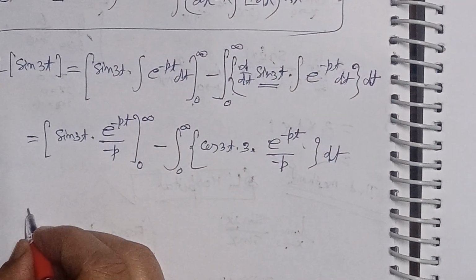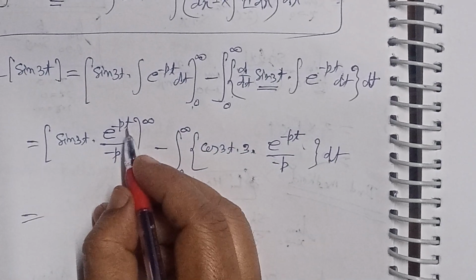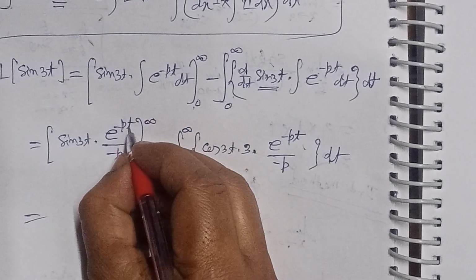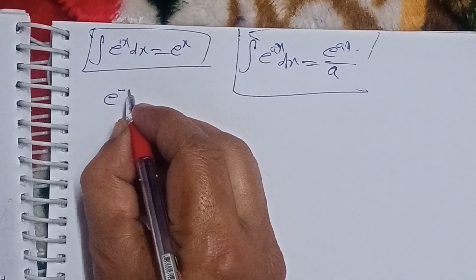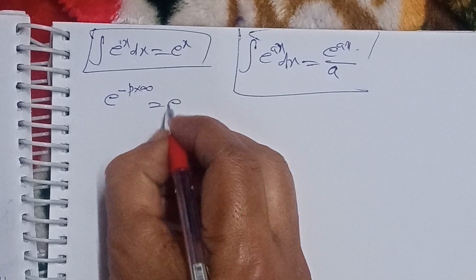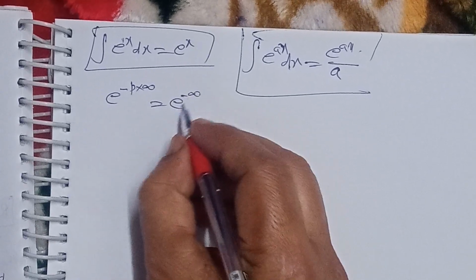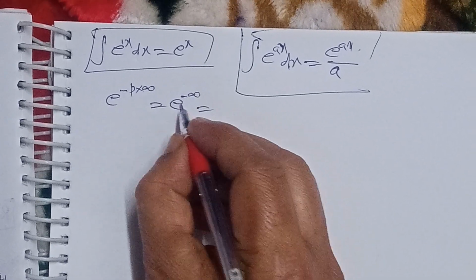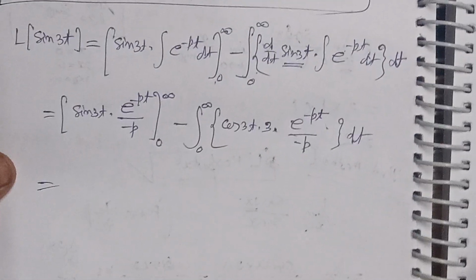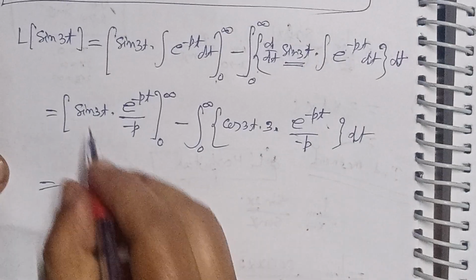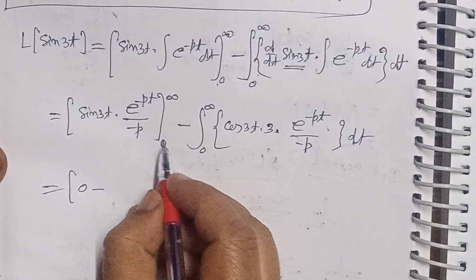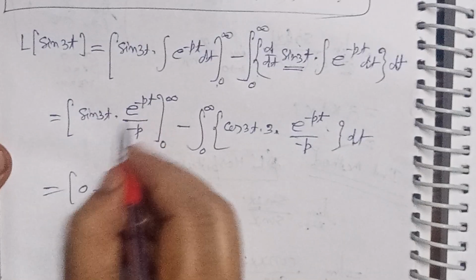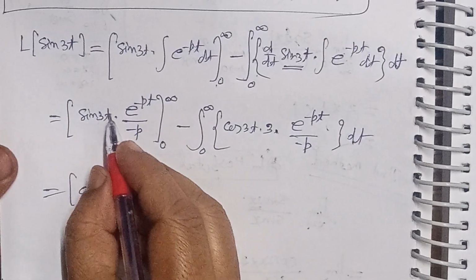Apply upper limit. We know that if we put t equal to infinity here, we get e to the power minus p into infinity, which is e to the power minus infinity. e to the power minus infinity is 0, because e is greater than 1. So the upper limit is 0. Minus, now for the lower limit we put t equal to 0.